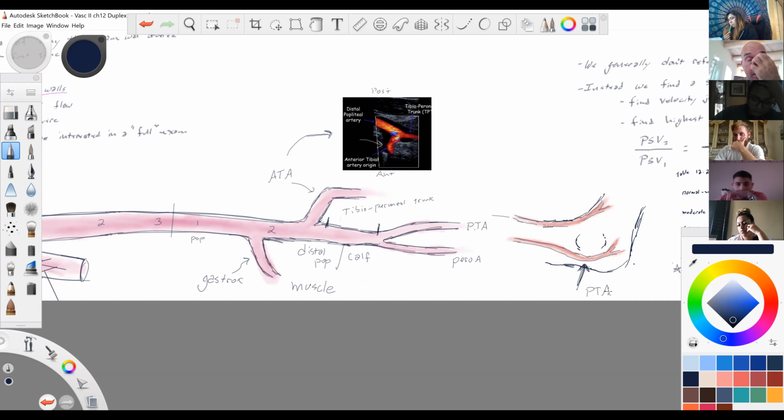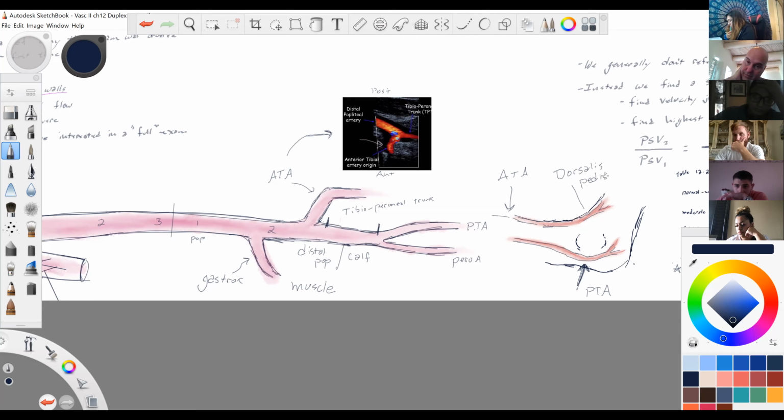Posterior tibial artery comes around the medial malleolus, medial side, and here is ATA, and as it goes over the foot, it's dorsalis pedis.